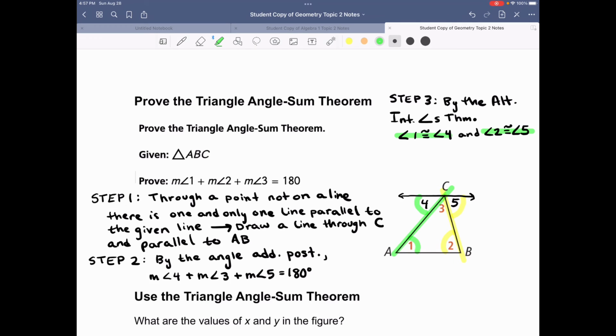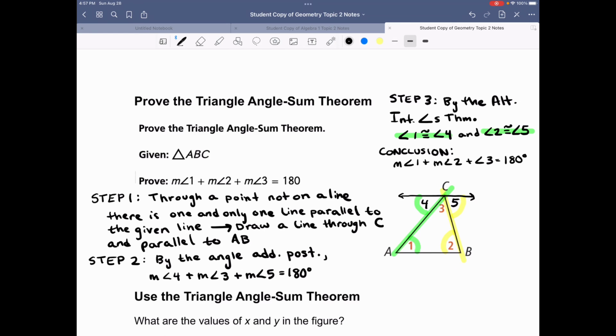And then because of that, we can write a conclusion that angles 1, 2, and 3 equal 180 degrees.